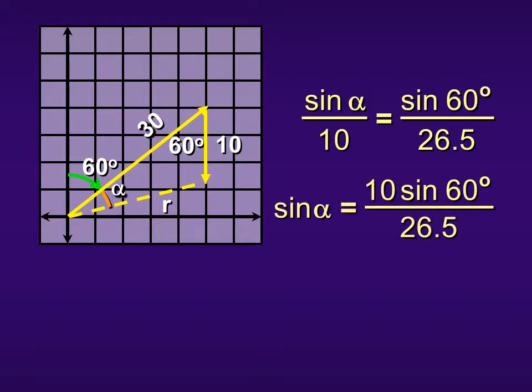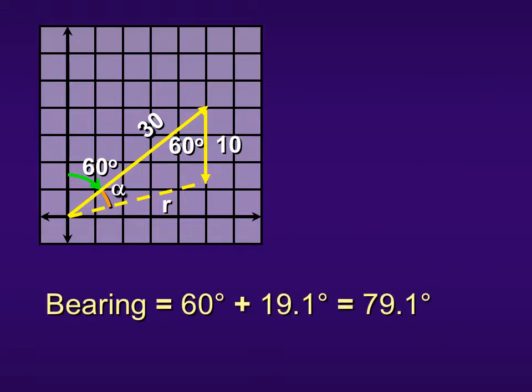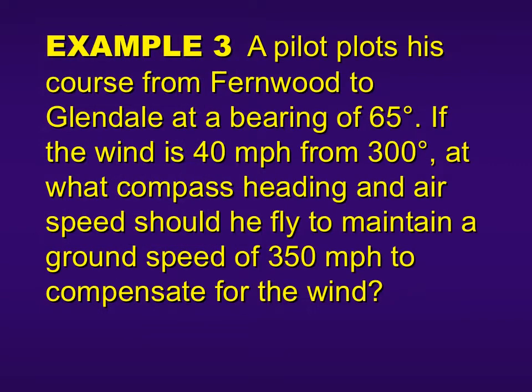This is a proportion, so we cross multiply and divide. We solve for alpha and get 19.1 degrees. However, we don't want that, we want our bearing. So our bearing is 60 plus this piece, so 60 plus 19.1, which is 79.1 degrees.